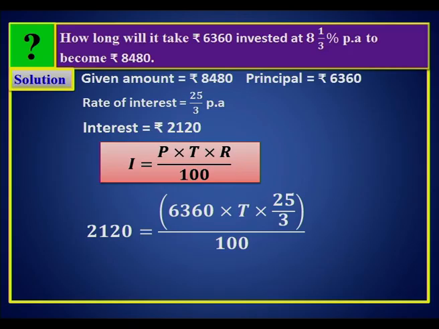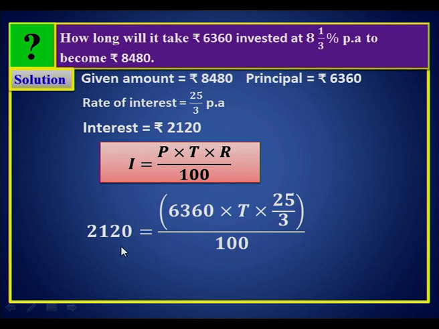So, I is 2,120, that is equal to principal 6,360 into time period, which we do not know, we are actually calculating it, so we are leaving it as T only, into what is the rate of interest? 25 by 3, everything divided by 100. Now, on cross multiplication, so what will happen? This 100 will go to this side.